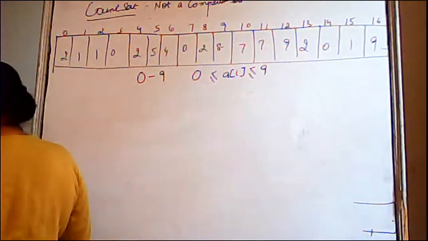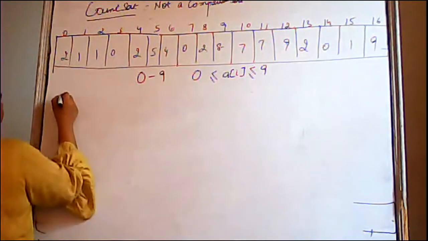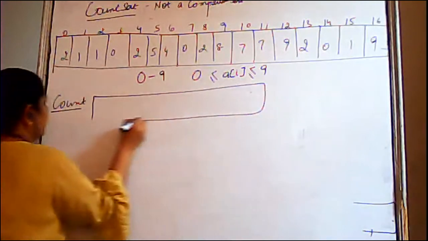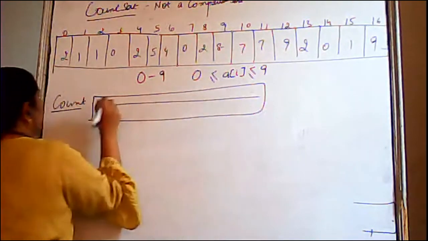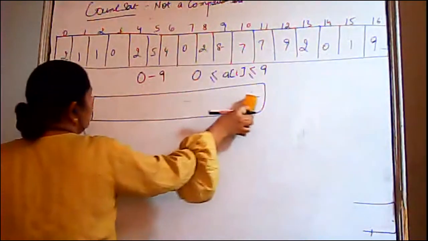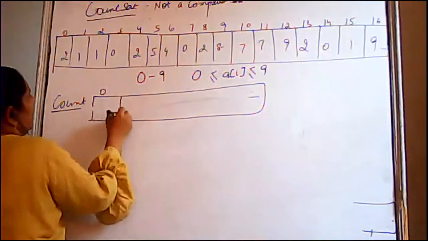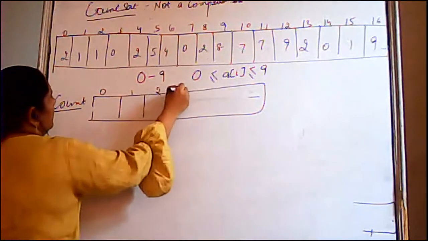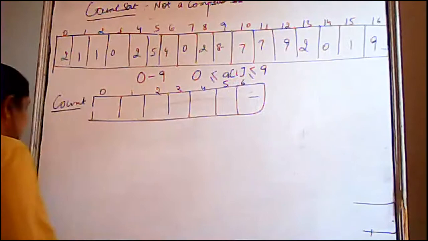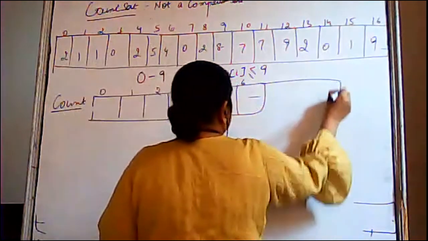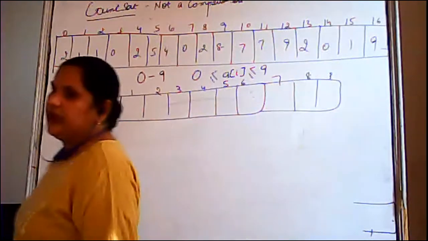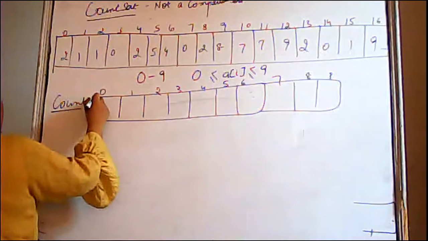So you will make a key array, a count array, which will comprise the keys 0, 1, 2, 3, 4, 5, 6, 7, 8, and 9. So this is your key array, the count array. I have given it the name.